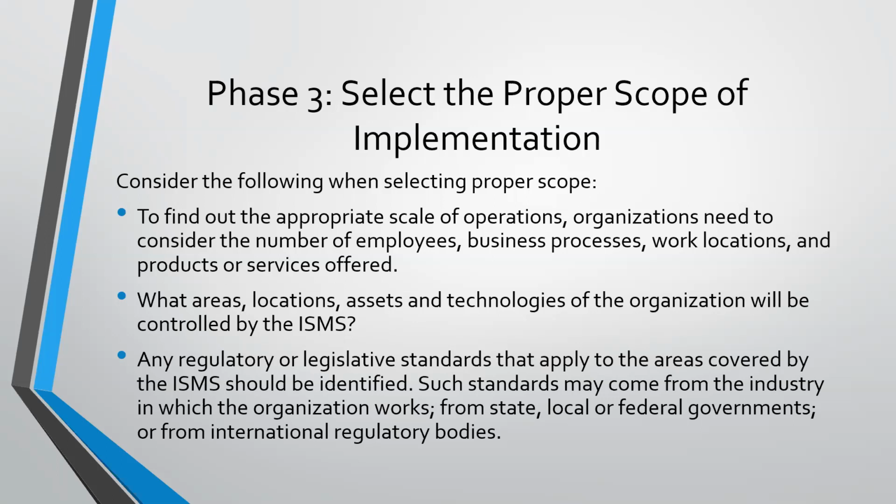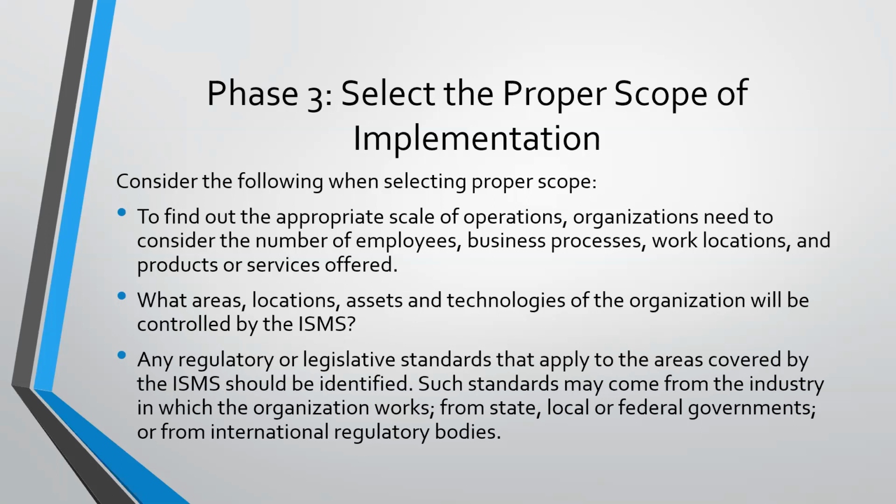Identifying the scope of implementation can save the organization time and money. Some points that should be considered include: the selection scope helps to achieve the identified business objectives. The organization's overall scale of operations is an integral parameter needed to determine the compliance process's complexity level.